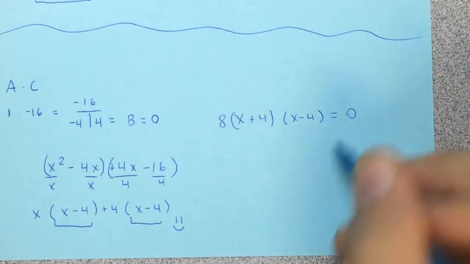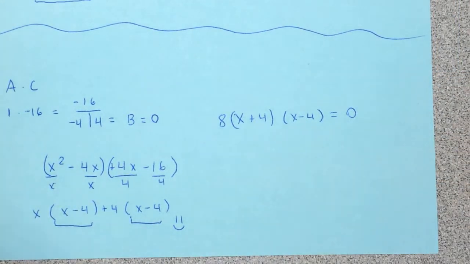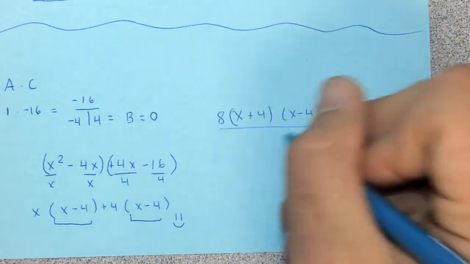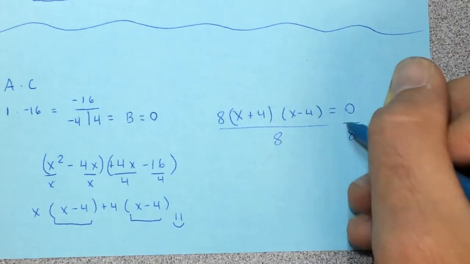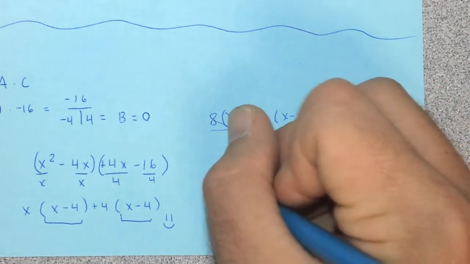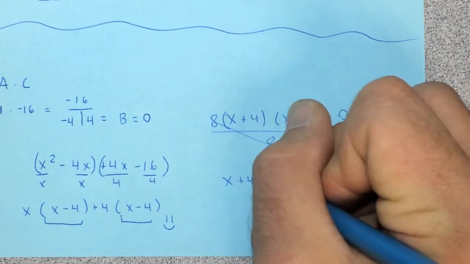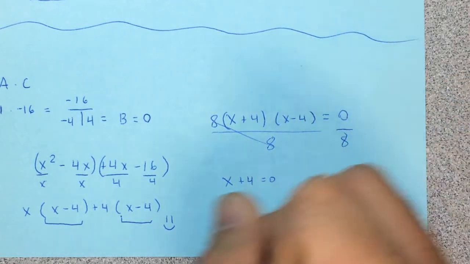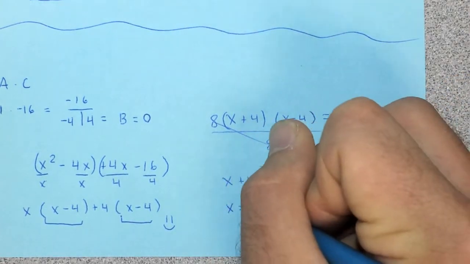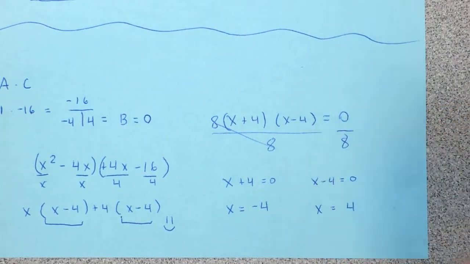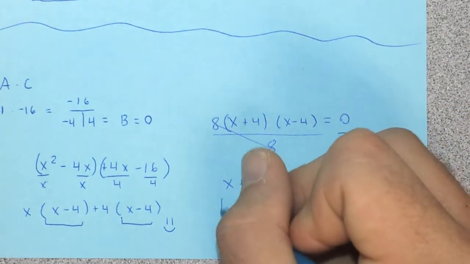This is where I'm setting equals 0, where I'm finding where it crosses the x-axis, root solutions and zeros. So I have the 8 goes away because I divide by 8, divide by 8. Those cancel. 0 divided by 8 is still 0. And then I have x plus 4 is equal to 0, and x minus 4 is equal to 0. Subtract over, I get x is equal to negative 4, and x is equal to positive 4. These are my solutions.